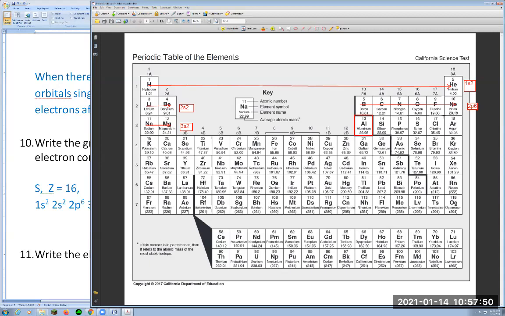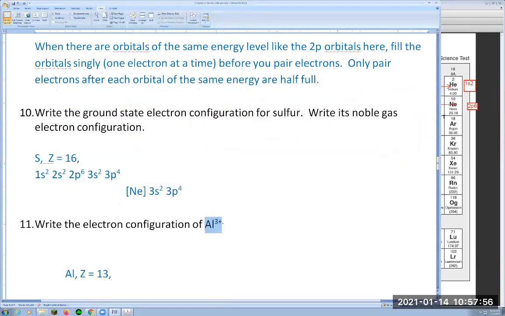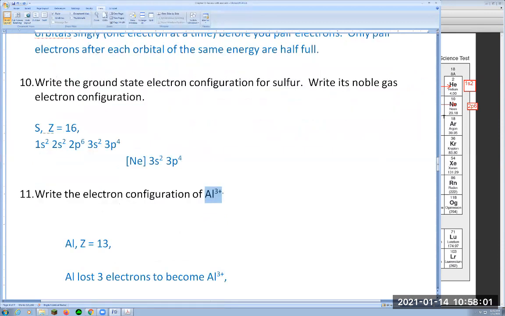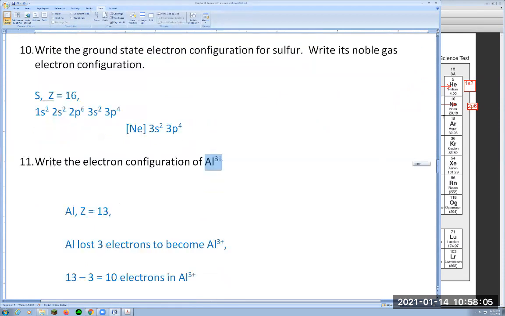You remove 1, 2, 3 electrons. So you start with aluminum, atomic number 13, but it lost 3 electrons to become Al3+, which means 13 minus 3, 10 electrons in Al3+.